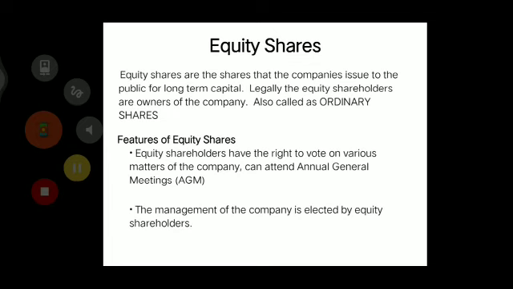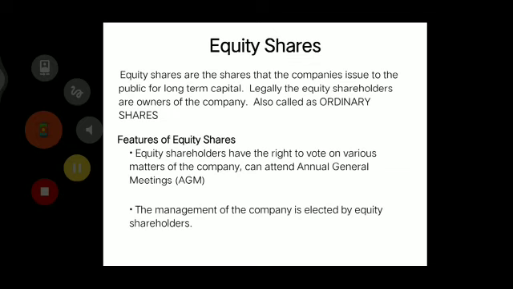For that, there is a meeting called the annual general meeting, to which all the shareholders are invited, and during this AGM the shareholders elect a set of people called directors. So directors are elected by the shareholders through the voting process.